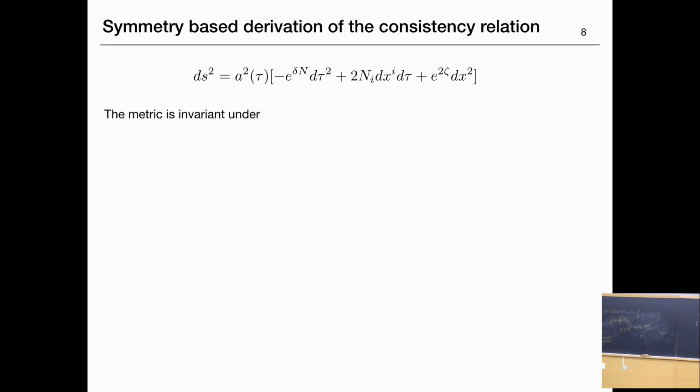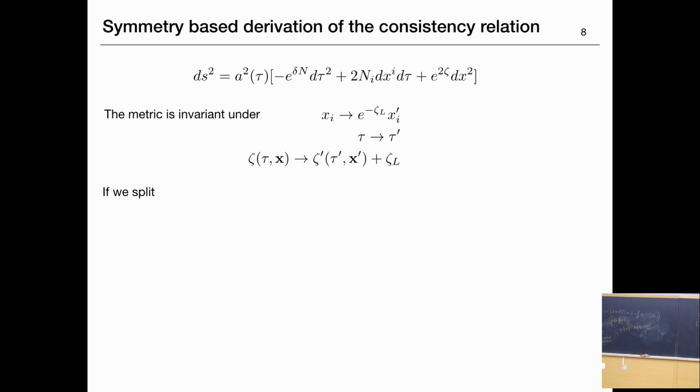Then we note that the metric is invariant under this change of coordinates and fields. Here the space coordinate is transformed like this, and the perturbation transforms in this way.